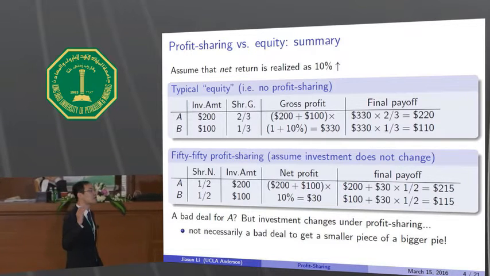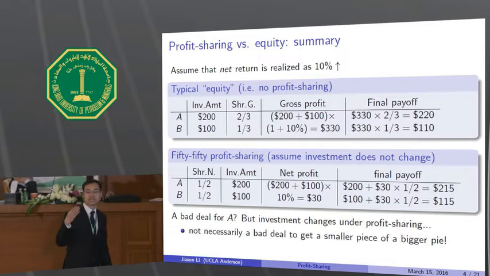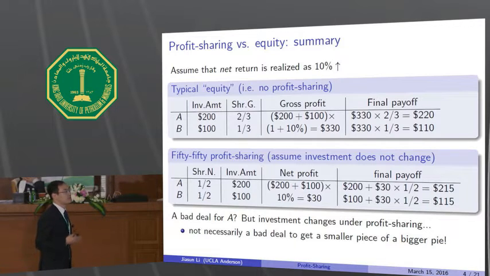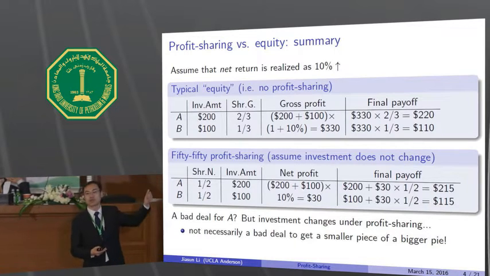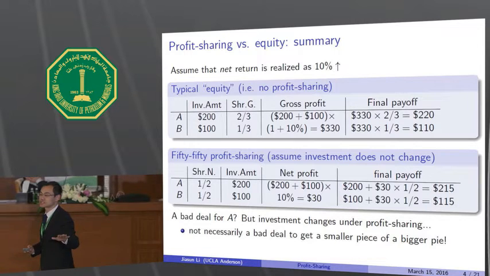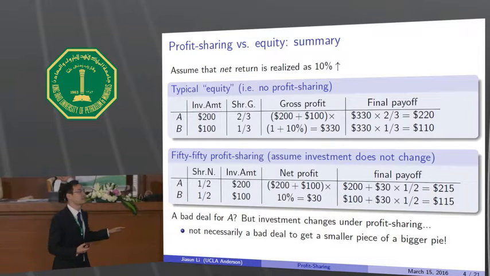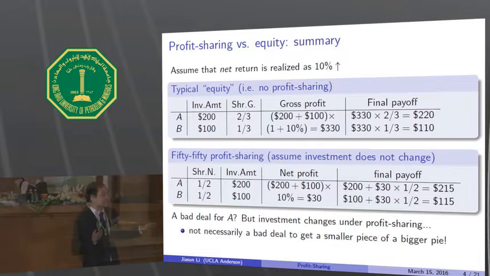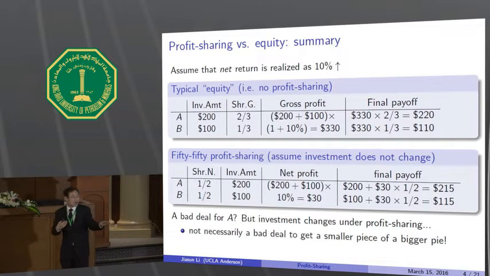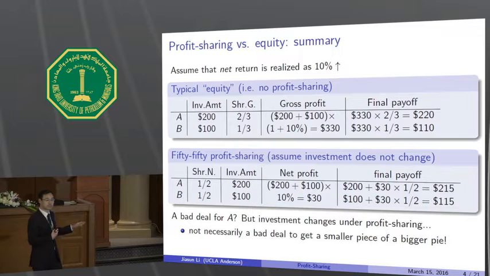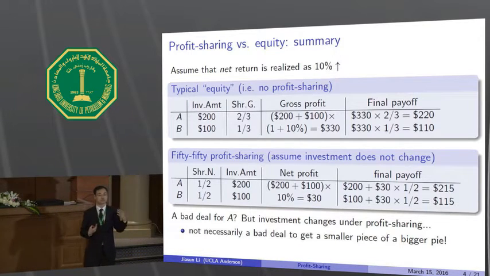Based on his private information and his risk preference, Bill found that it's optimal for him to invest $200 in a particular scalable project. And based on my private information, I'm less optimistic, and based on my risk aversion, I found that it's optimal for me to invest $100 into this particular business.